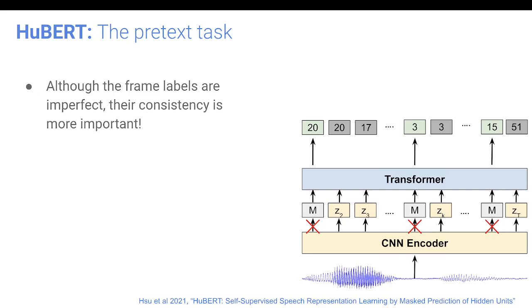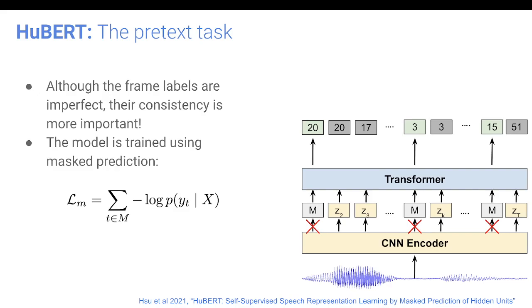So using the masked prediction loss, the HuBERT model is driving the learning of representation. Simply, for the masked positions, you need to maximize the probability of the k-means label of that position.